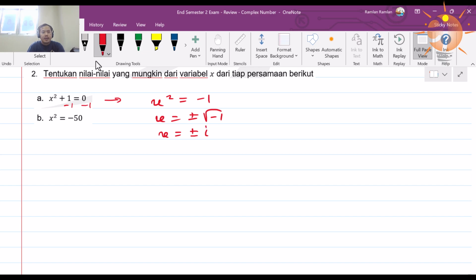That's it. Now the second question here, we have x squared minus 50. This is basically the same thing. If we have x squared equals -50, then x will equal plus minus, again, the square root of -50.